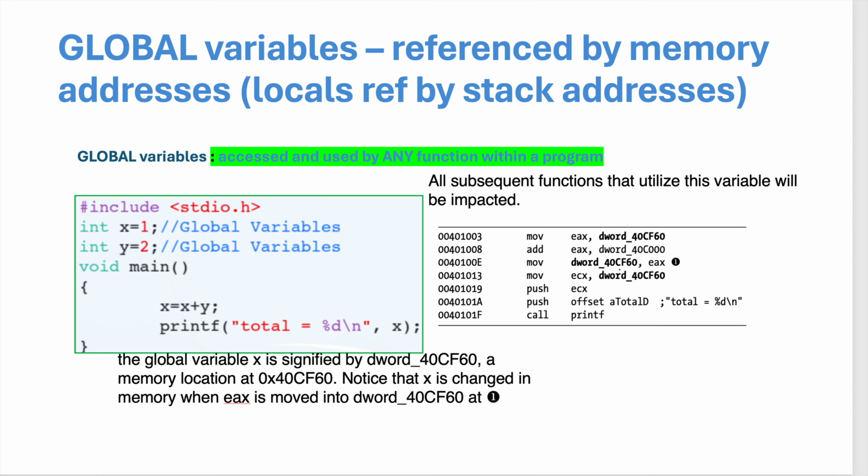So what it's saying is that because x itself is a global variable, x is changed when EAX is moved into that memory location, because global variables are referenced by memory addresses.